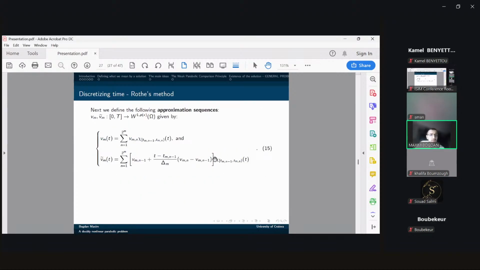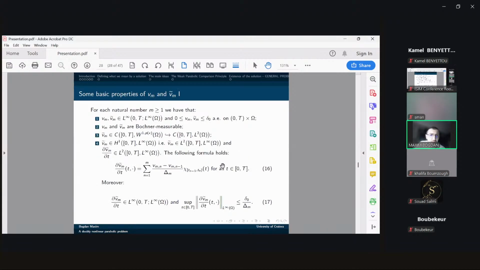This will generate a scheme, the Vm and tilde Vm. This will approximate my solution as m goes to infinity, but there are a lot of calculations. I only stated here the steps in which the conclusion is attained.